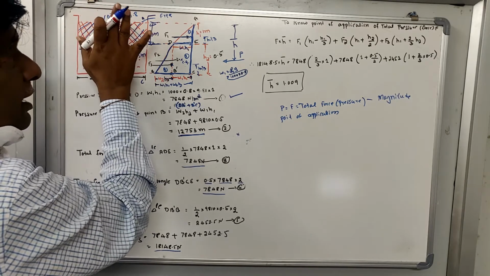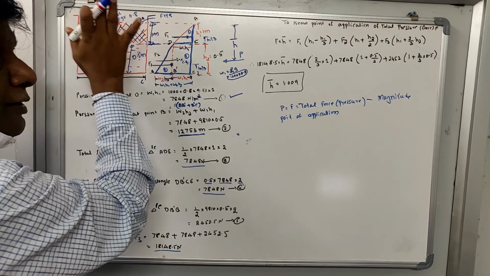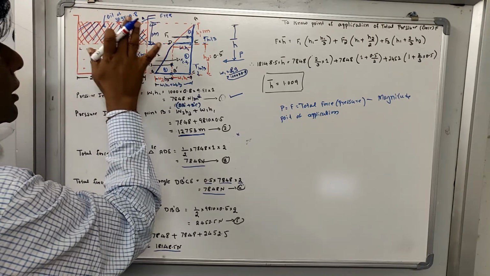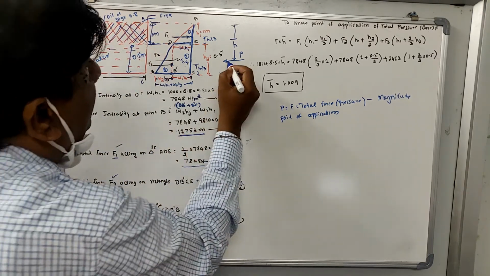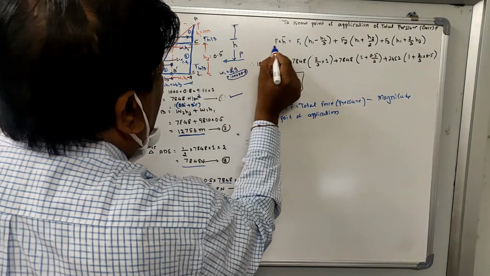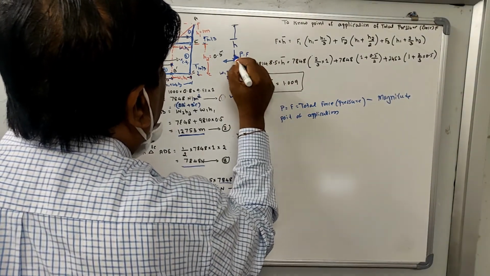Originally it is under the stationary condition as per Newton's first law. So P into h bar, or it is also F into h bar.